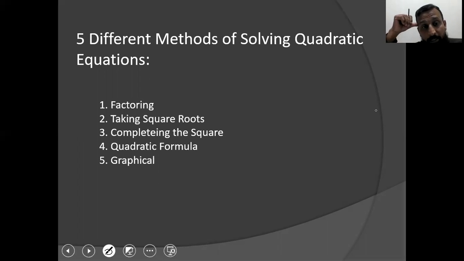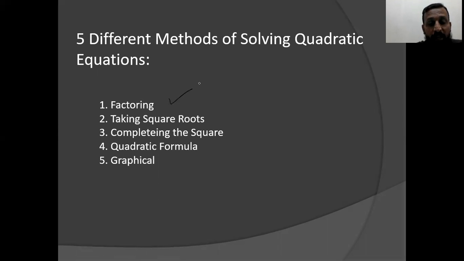Number 2, taking square root method. Number 3, completing the square method. Number 4, quadratic formula. And number 5, the graphical method. Today, we will be focusing on the factoring method and the taking square root method.